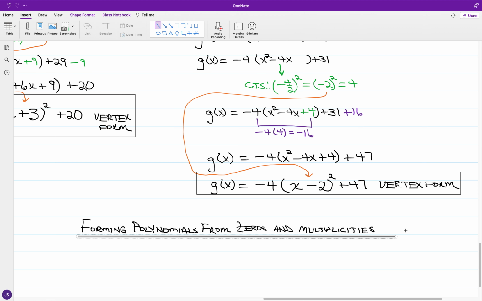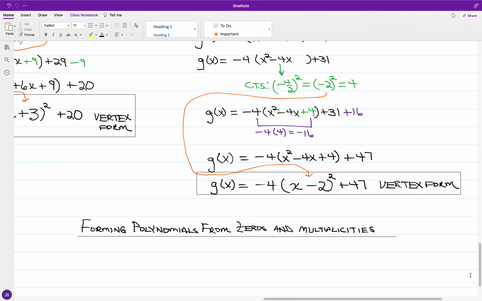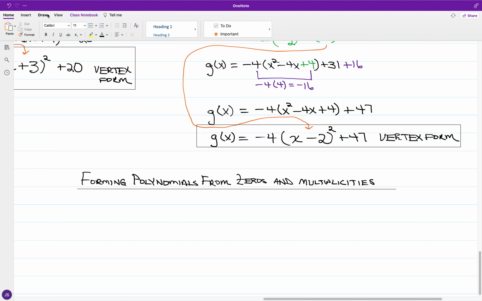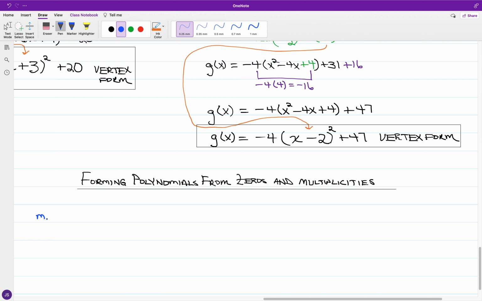Okay, now for that term, multiplicities. We have the singular version of this, multiplicity of a zero.